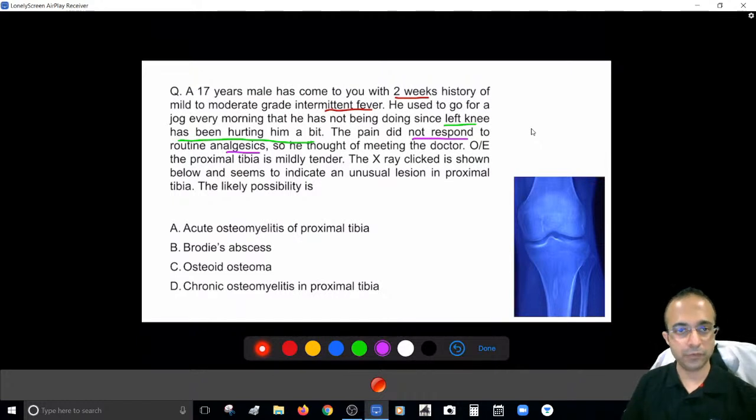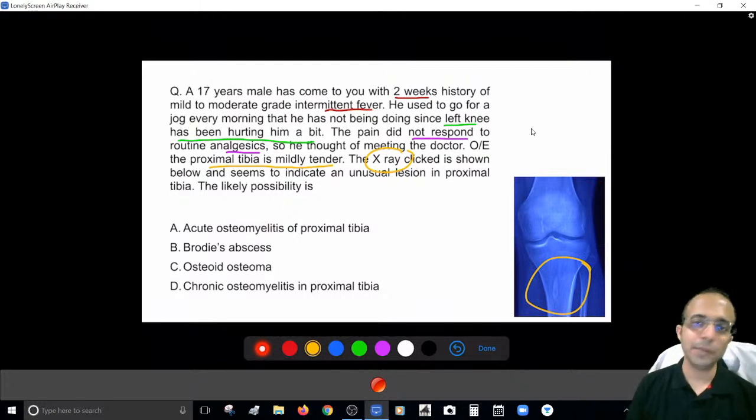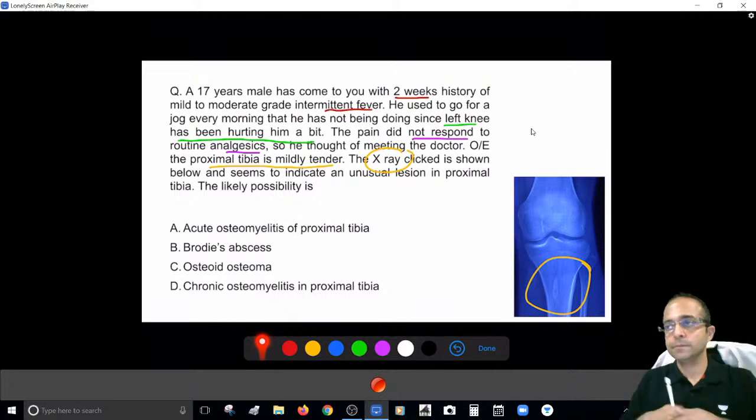On examination, the proximal tibia is tender, and on the X-ray, you just need to watch this proximal tibia. It's been marked by the examiner, and I suppose you can see a lesion over here. Now with all these hints, a 2-week history, intermittent fever, pain not responding to analgesics, a lesion in the proximal tibial metaphysis, you have to provide me the best answer.